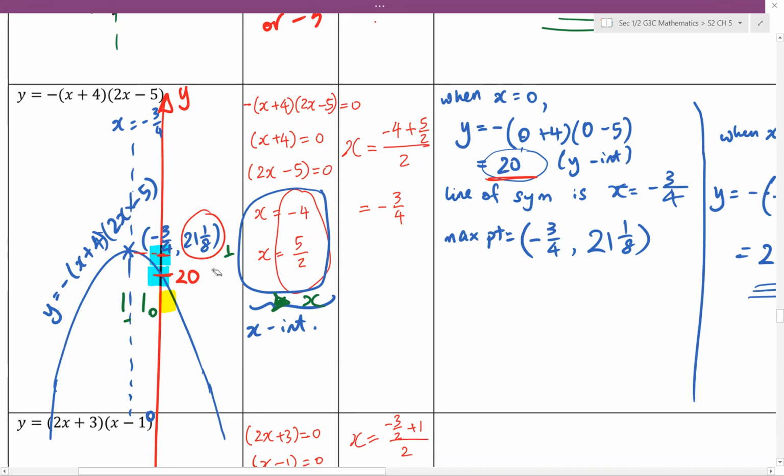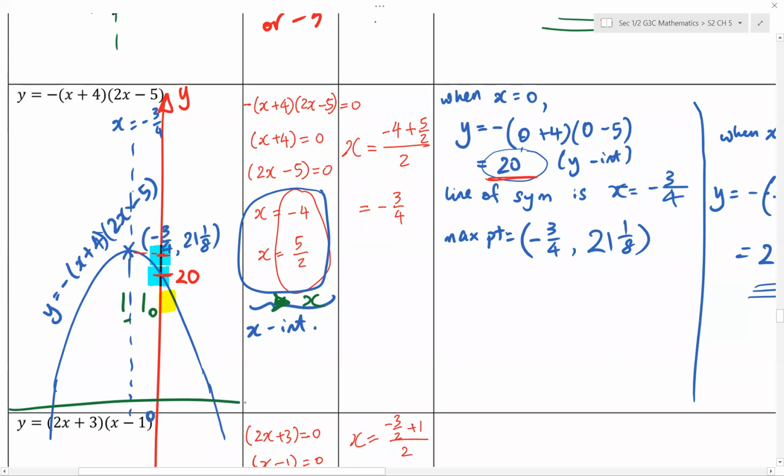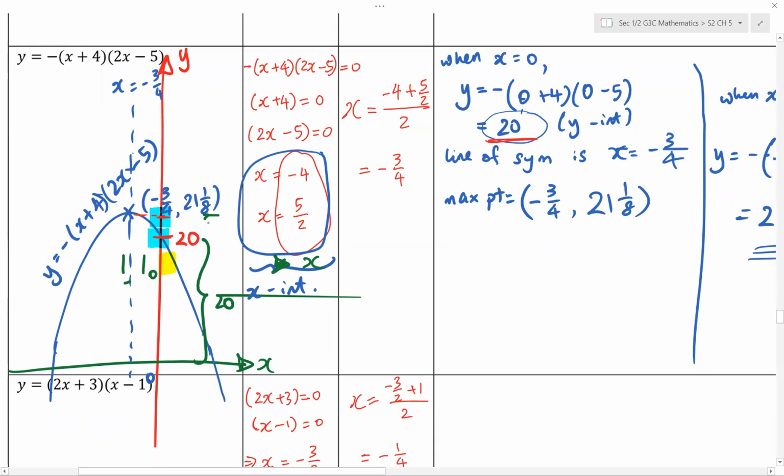So remove all this. We know that the x-axis should be very low, so that this will be 20 units, whereas this little bit will be 1 and 1/8. Then our x-intercepts will make more sense. Negative 4 and 2.5.